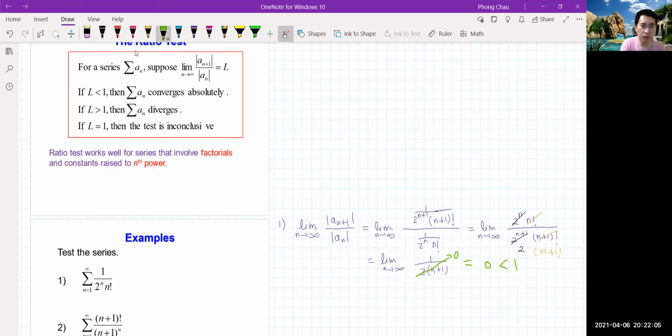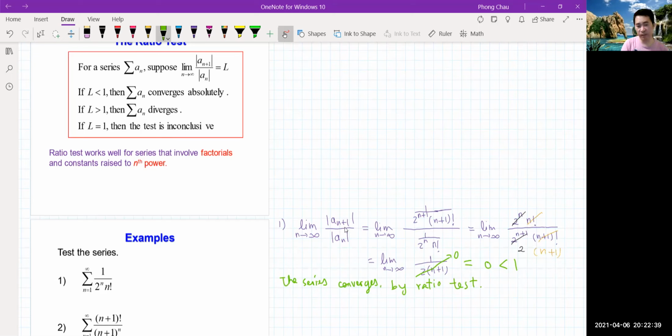According to the test, the series converges. In fact, we know it converges absolutely, but it doesn't ask, so we just say the series converges by the ratio test. Right?